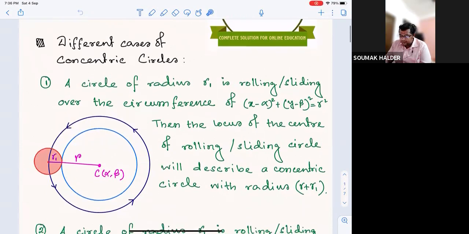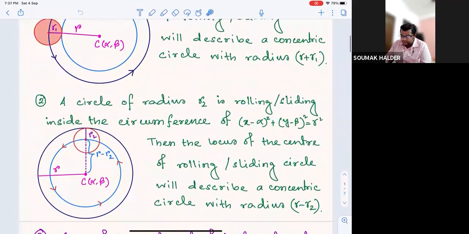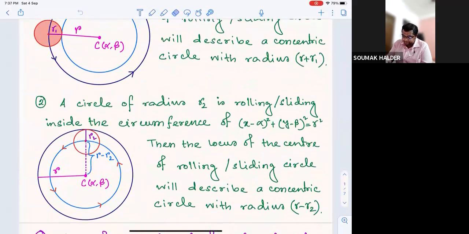Okay. Similarly, if this roll has taken place inside, like over here, this is our reference circle, and the circle of radius r2 is rolling within the circumference.